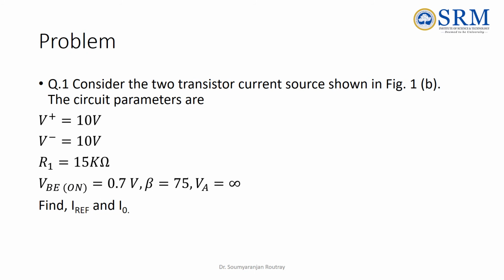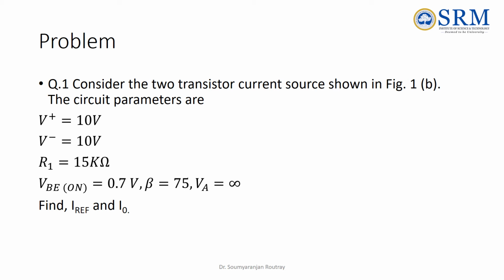Next, we'll solve the problem over here. It depends on the equations we discussed in the last slides, the two transistor current source circuit. The question is given: consider the two transistor current source as shown in figure 1b. The circuit parameters are V plus 10 volt, V minus minus 10 volt, R1 equal to 15 kilo ohm, VBE 0.7 volt, beta 75, VA equal to infinite.